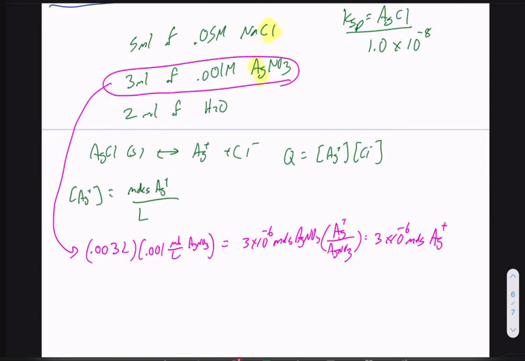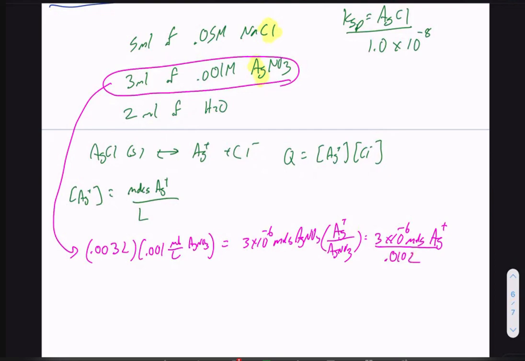Now the question is, how do I find molarity? I have the moles, but I need a volume because I took 3 test tubes and combined them into 1. What is my total volume of my final test tube? 10 milliliters, but in liters it's going to be 0.01 liter, right?